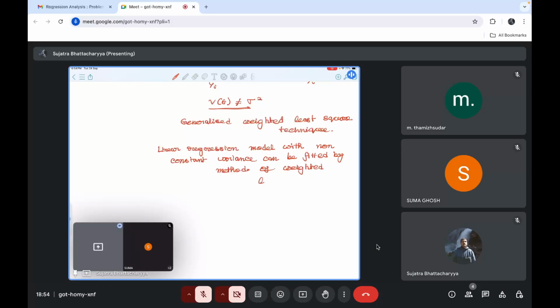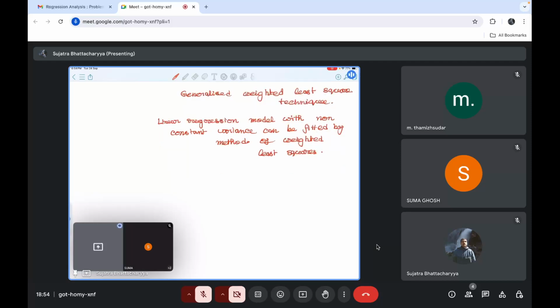So this is weighted least squares. Then let us just take a simple linear regression model, SLR. In that we know that it is like this: beta naught plus beta 1 x plus epsilon.